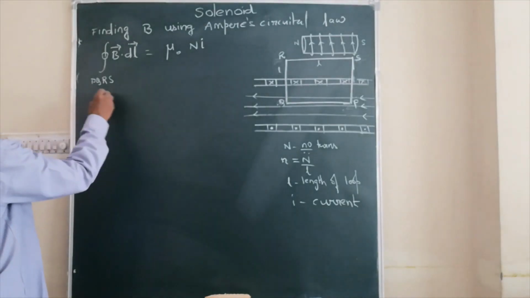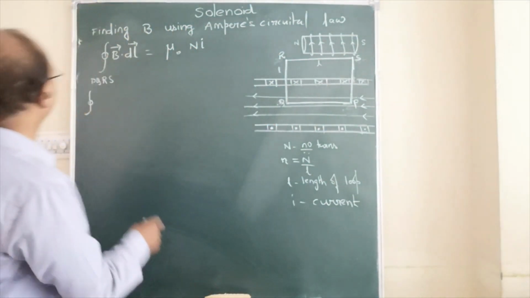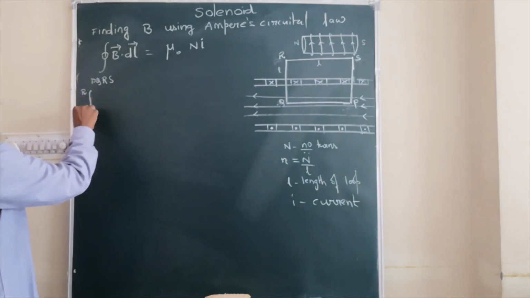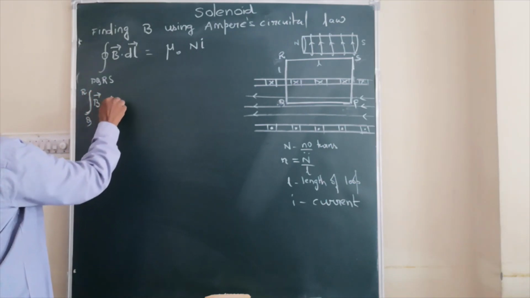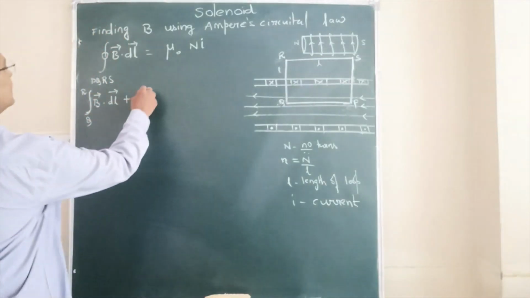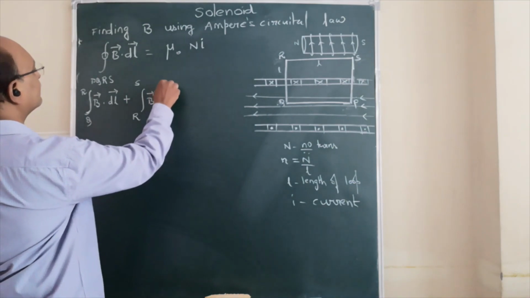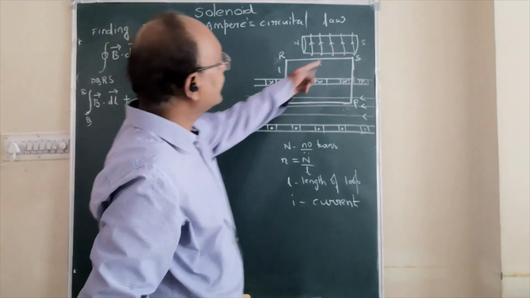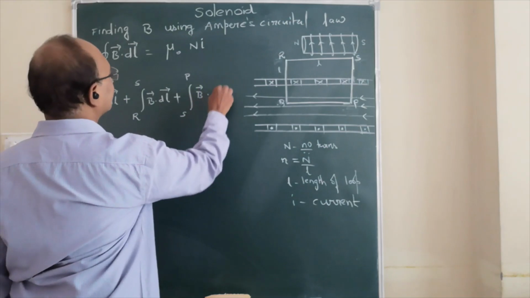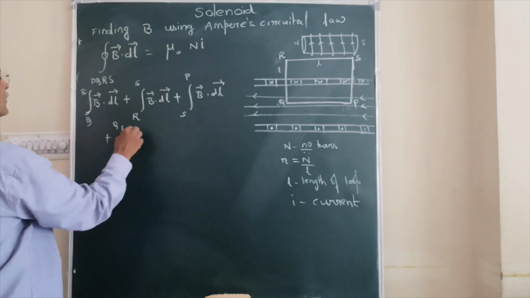So you can write it as the integration from Q to R of B dot dl, plus next we take RS, B dot dl, plus SP, integration from S to P of B dot dl, plus P to Q, B dot dl.